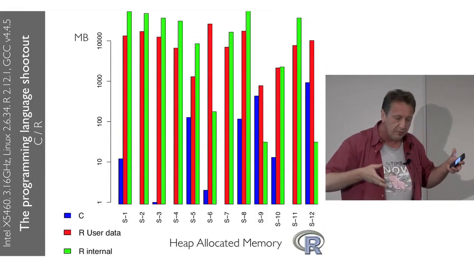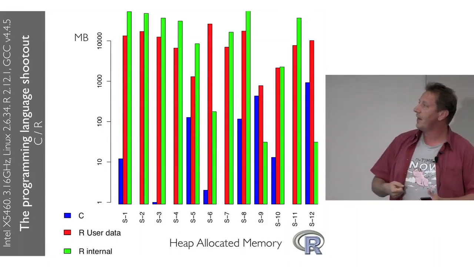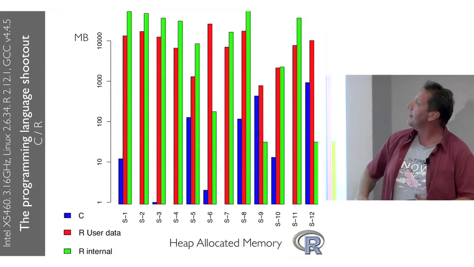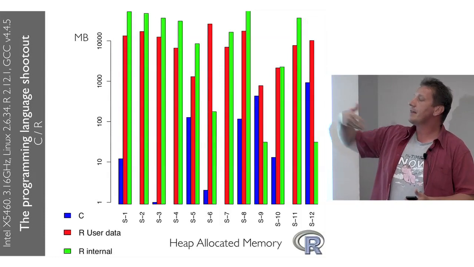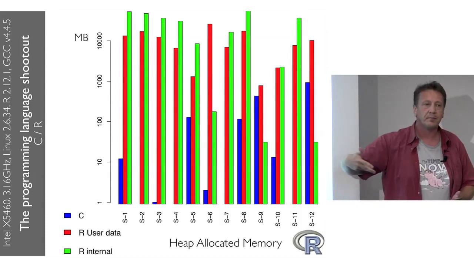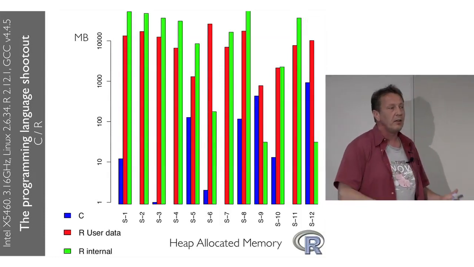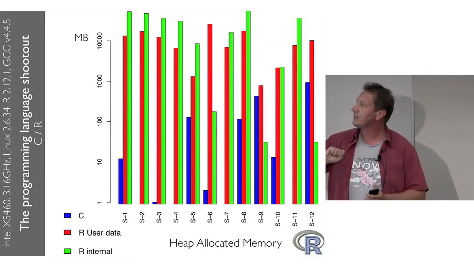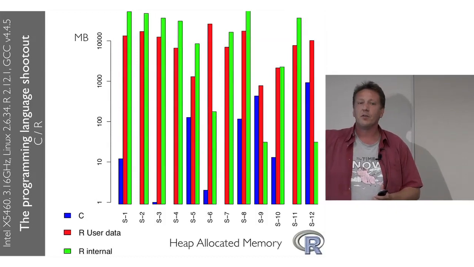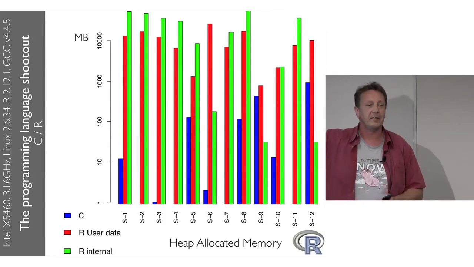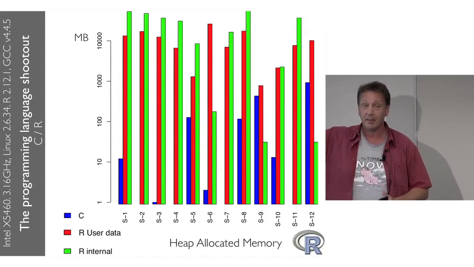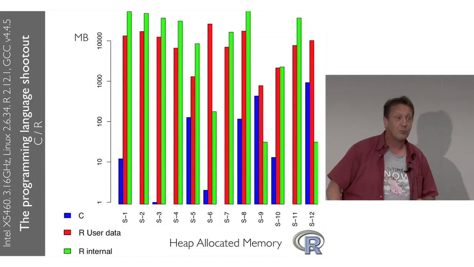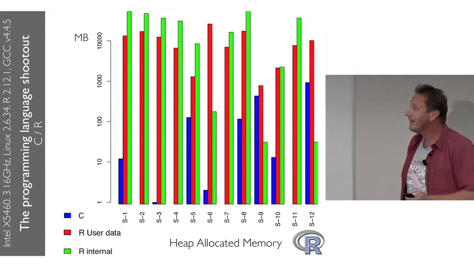These are the vectors that the user specified in his program, and this yellowish green is the metadata allocated by the interpreter. So the interpreter allocates way more data than your actual payload. This starts to give you an idea that R may not be suited for big data. I mean, it's creating big data on its own, without actual help from the user.